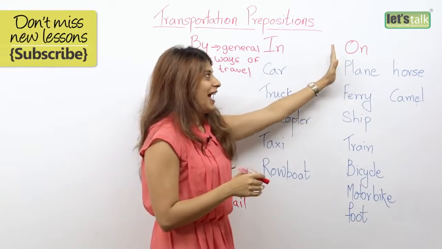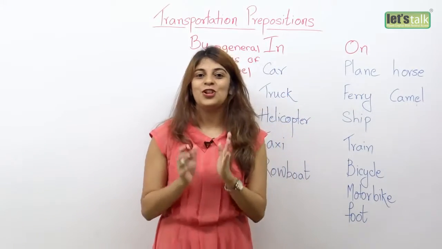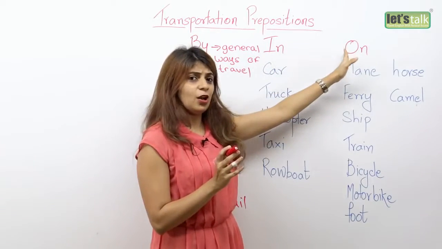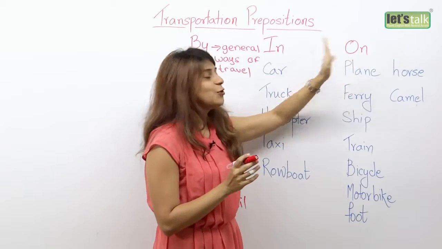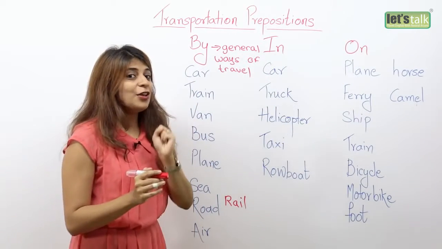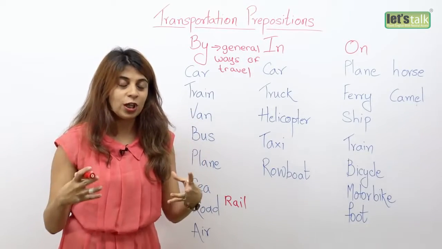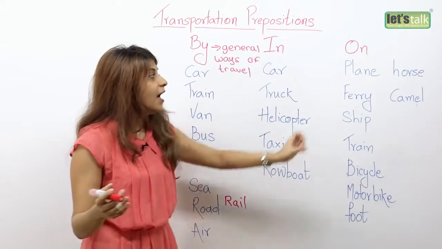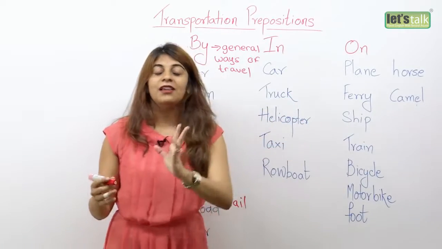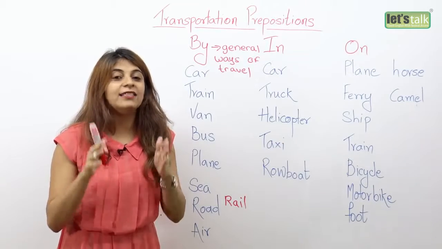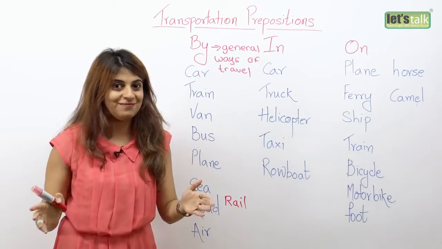Now let's have a look at using the preposition on. So what's the difference between in and on? Now, when you use the preposition on, you can only use it, of course, when you're talking about specific vehicles, wherein you can stand or walk while the vehicle is in motion.